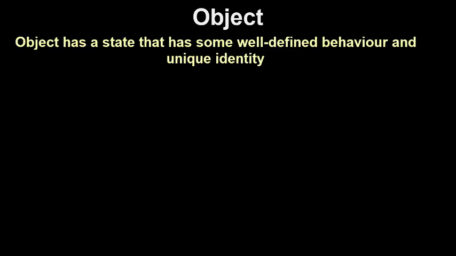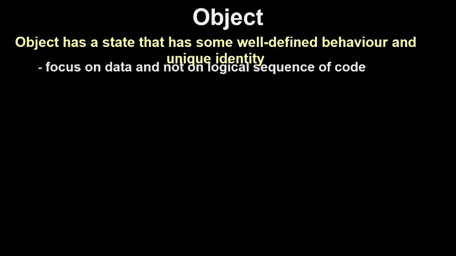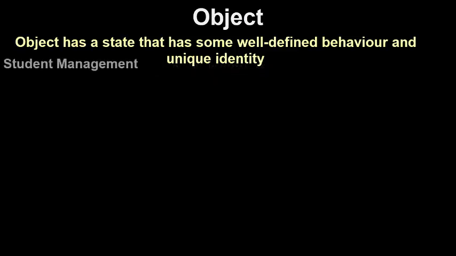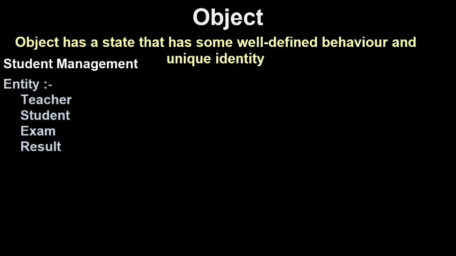In simple terms, object-oriented programming is organized around objects rather than actions, data rather than logic. For example, if we are working on a student management system, more focus will be on entities like teacher, student, exam, result, instead of logical flow.